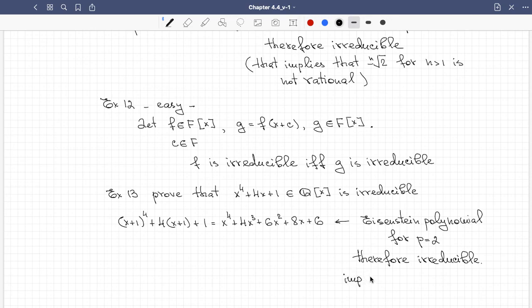Implies x to the 4 plus 4x plus 1 is irreducible by exercise 12 with c equals 1.